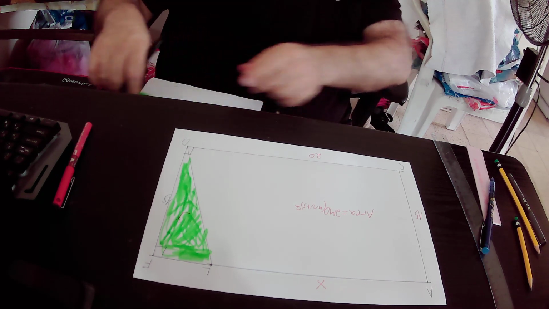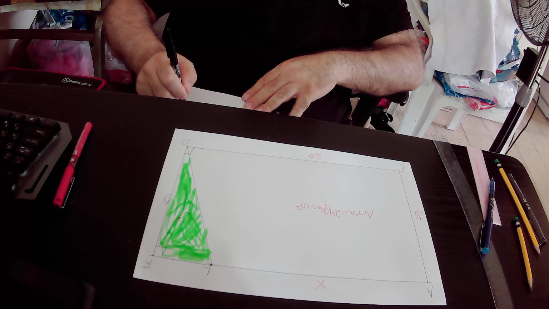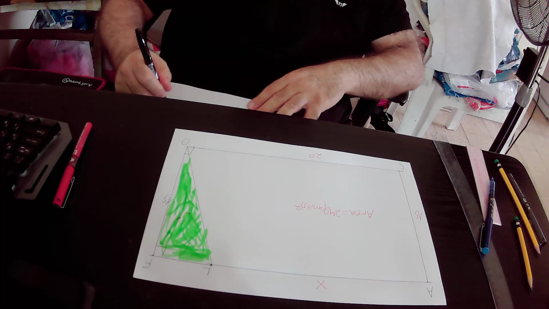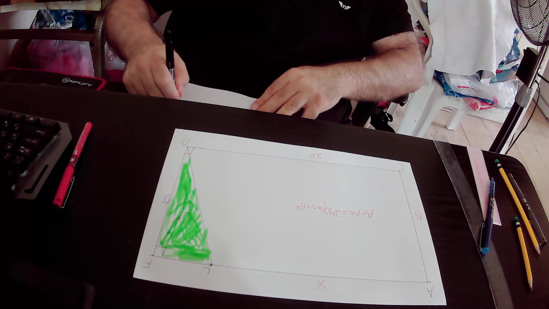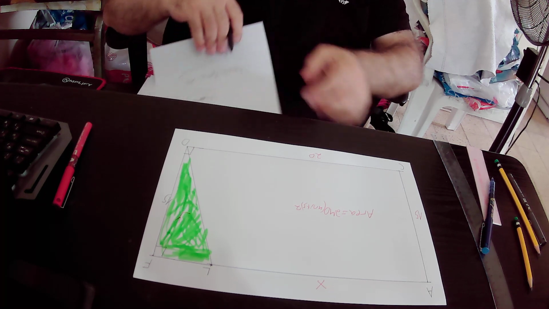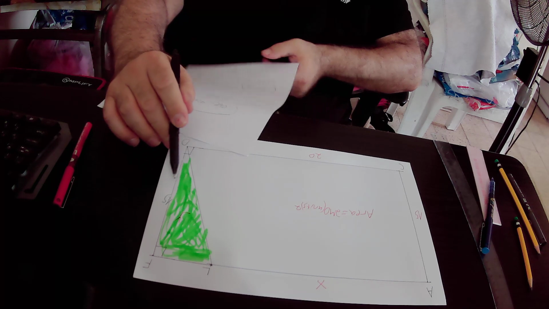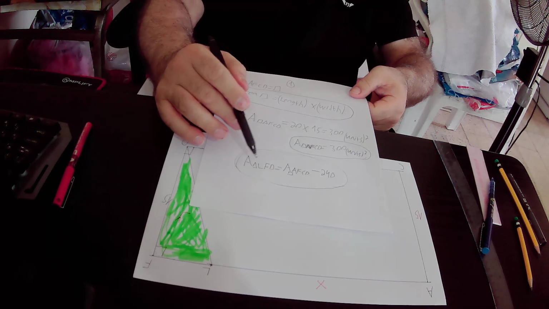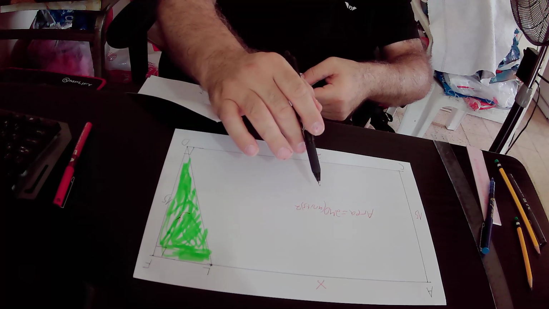So we can write down that the area of right triangle LFD equals the area of the rectangle minus the area of the white shape. The area of the rectangle is 300 units squared and the area of the white shape is 240 units squared.